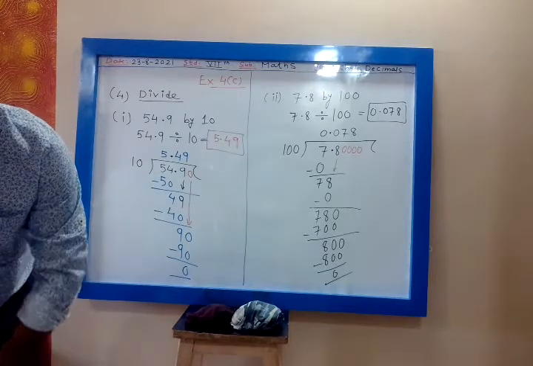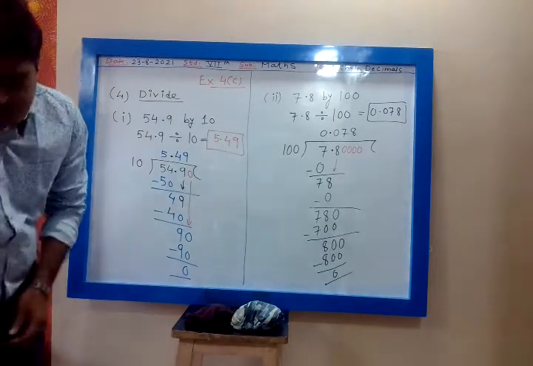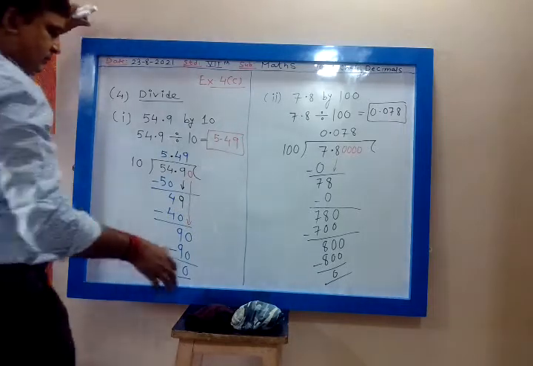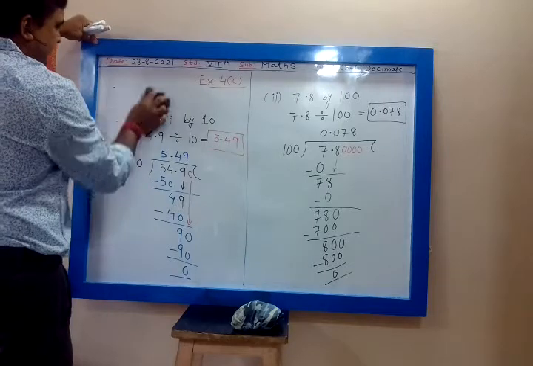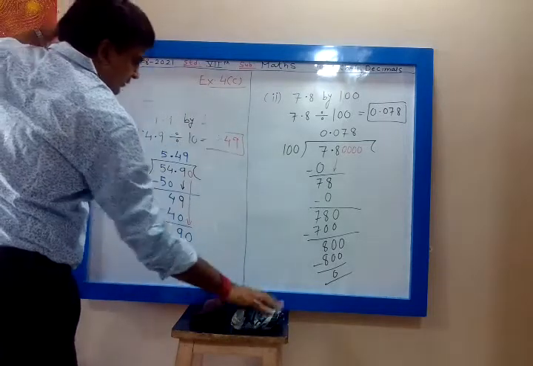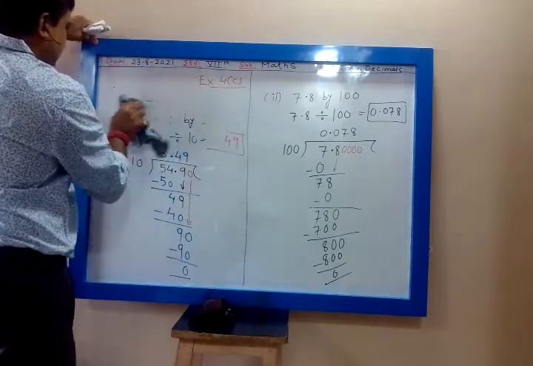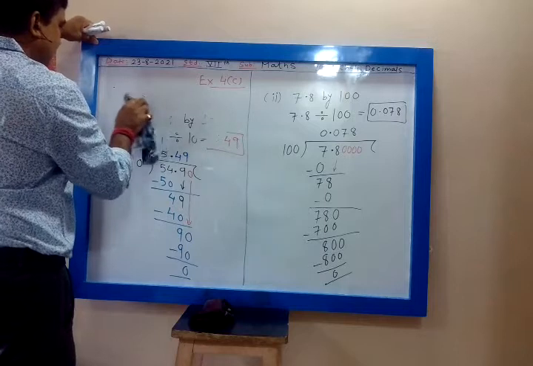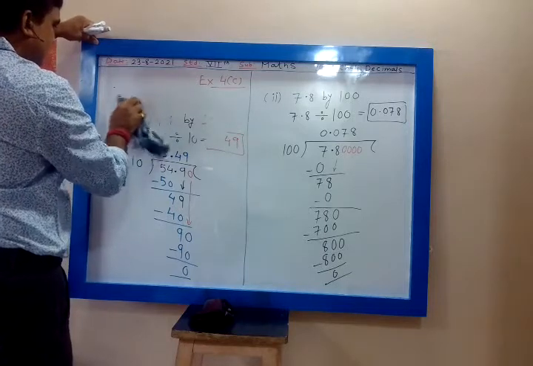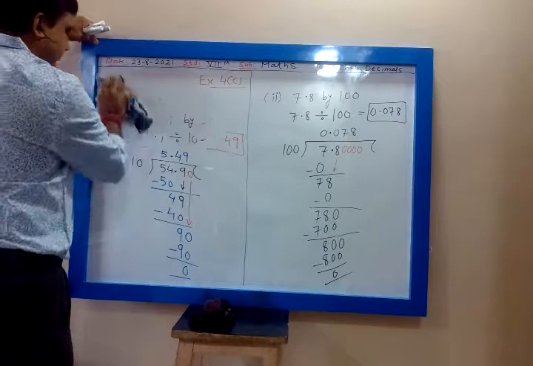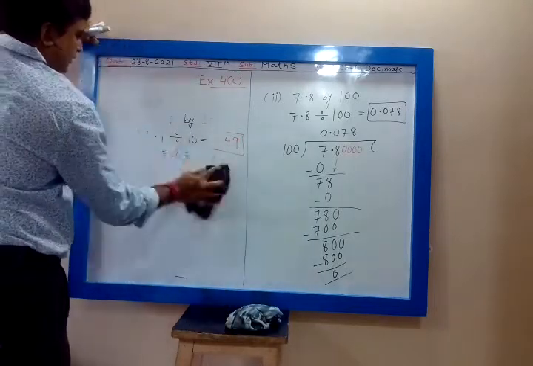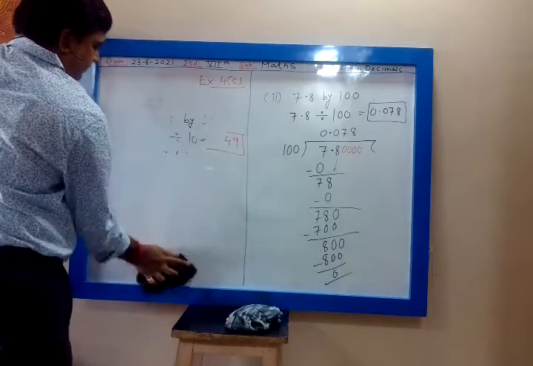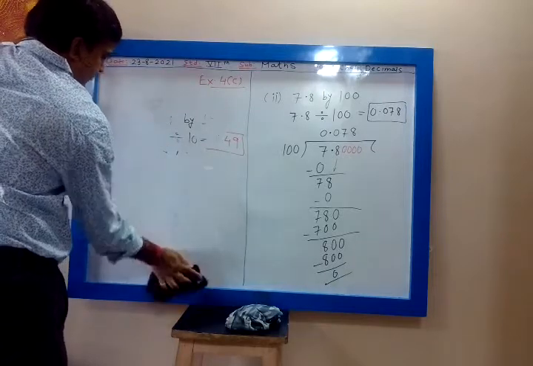Then 0.01 divided by 0.001. Let us see this. 0.01. So divide this 0.01.